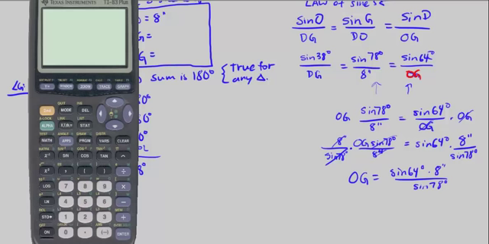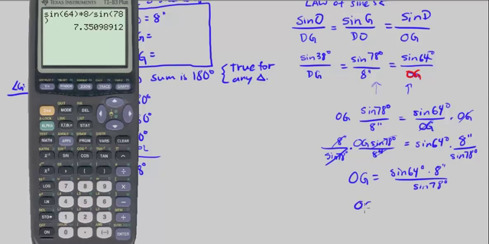Okay, let's plug that into our calculator. Sine of 64 degrees times 8 inches divided by sine of 78 degrees. Okay. Oh, I need to go here and make sure I close my parentheses. Otherwise, I'm going to be multiplying by sine of this whole thing. Okay. There we have it.